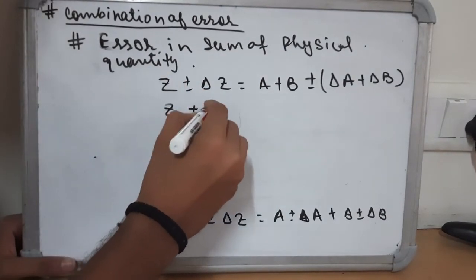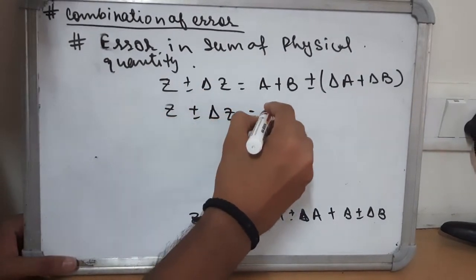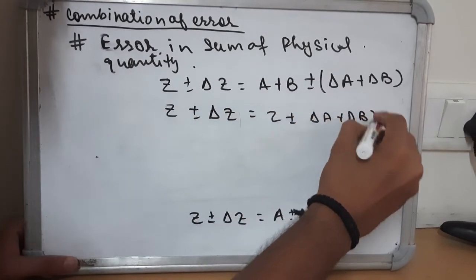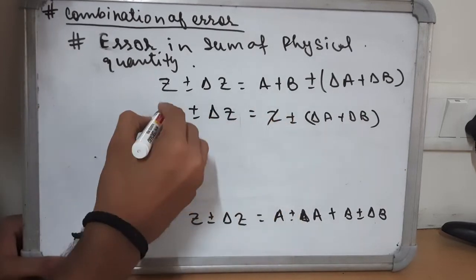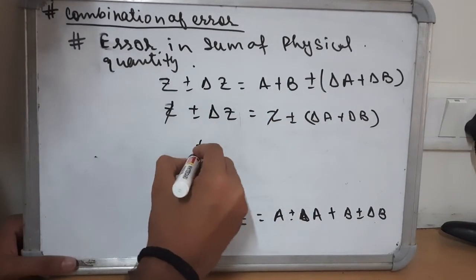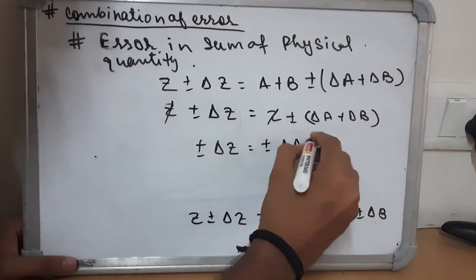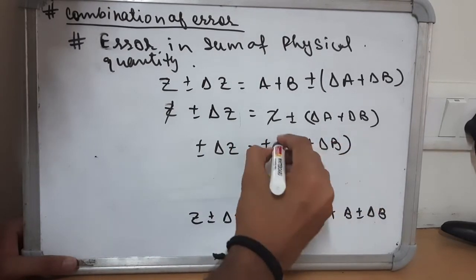So Z plus minus delta Z can be written as Z plus minus delta A plus delta B, right? So this Z will be cancelled out, so we are left with only plus minus delta Z equals plus minus delta A plus delta B.